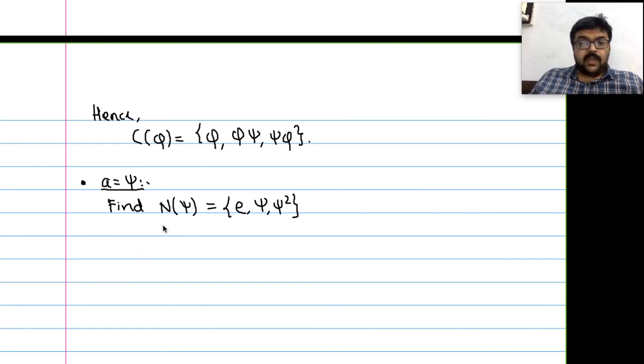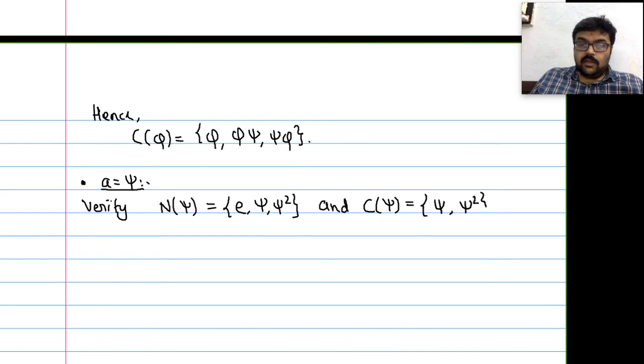Verify this, not find. And similarly, conjugates of psi. One is psi itself; if you forget psi, you are making a mistake. So verify this and this. That is for you to verify.